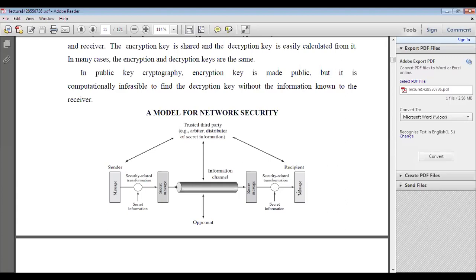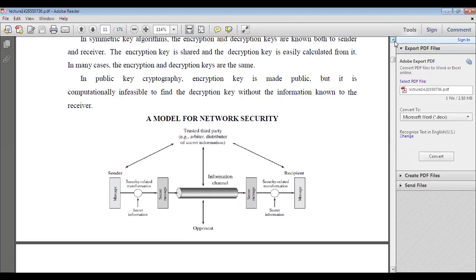Finally the receiver gets the original message. This is the process you can do with cryptography; this is the model of network security.